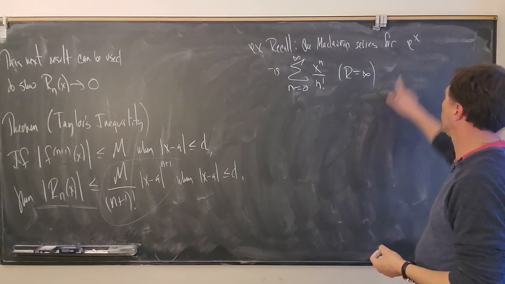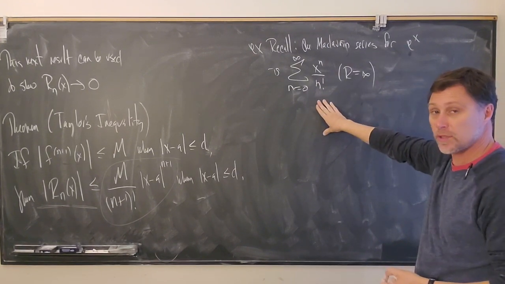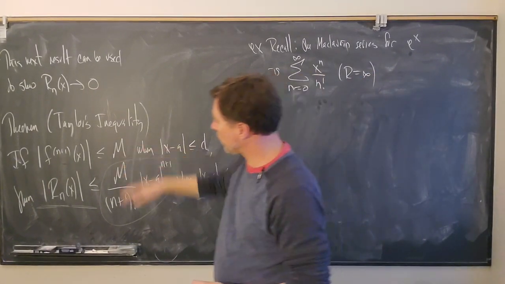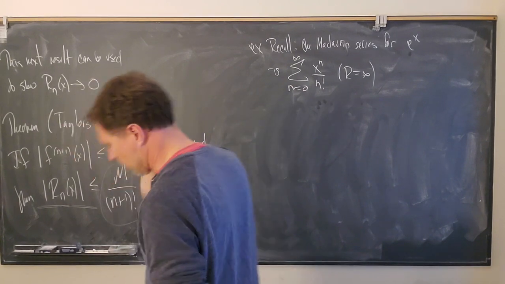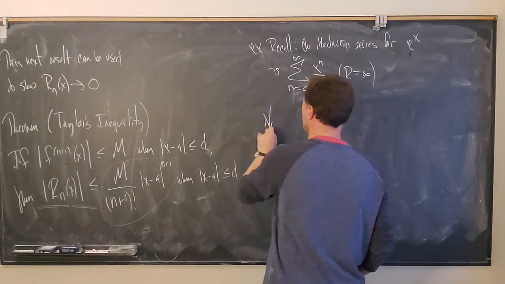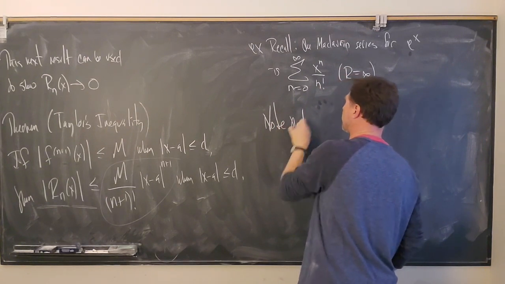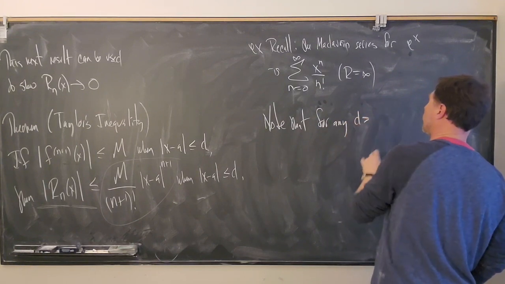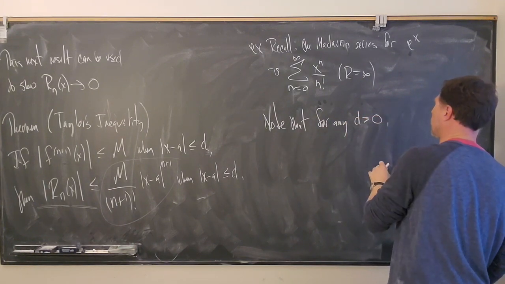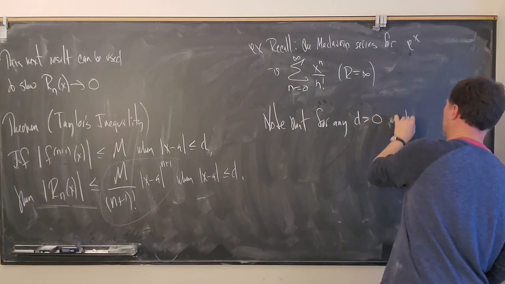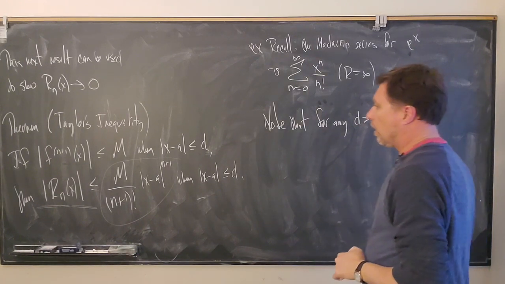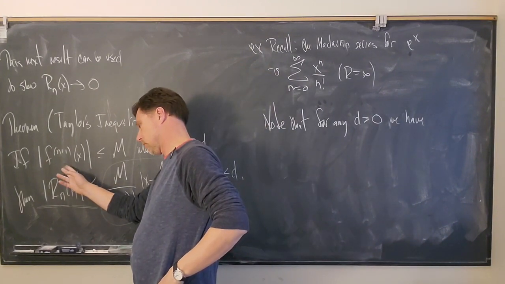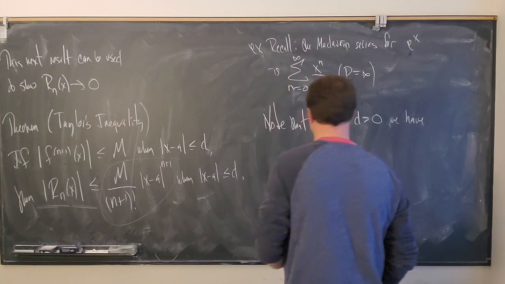So you can ask the question, is e to the x equal to its Maclaurin series? And to answer that question, I want to make use of Taylor's inequality. So let's say it like this. Note that for any d greater than 0, we have, let's see, we're supposed to think about the n plus 1th derivative, absolute value.